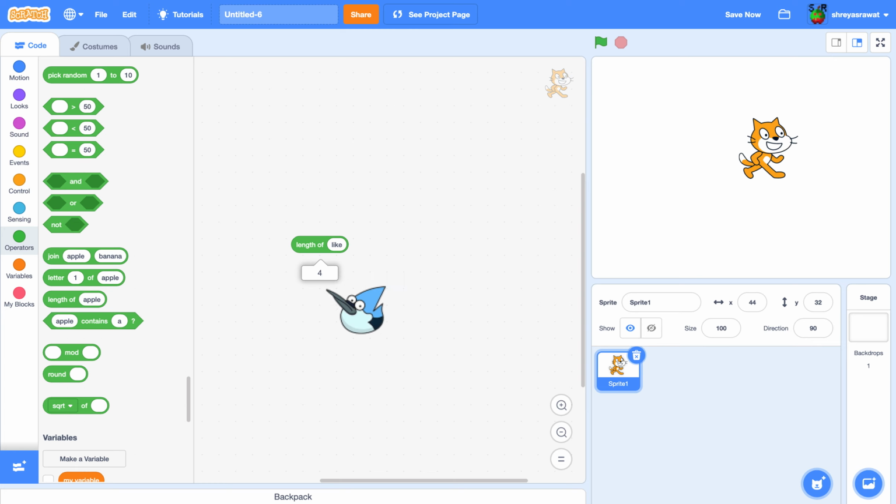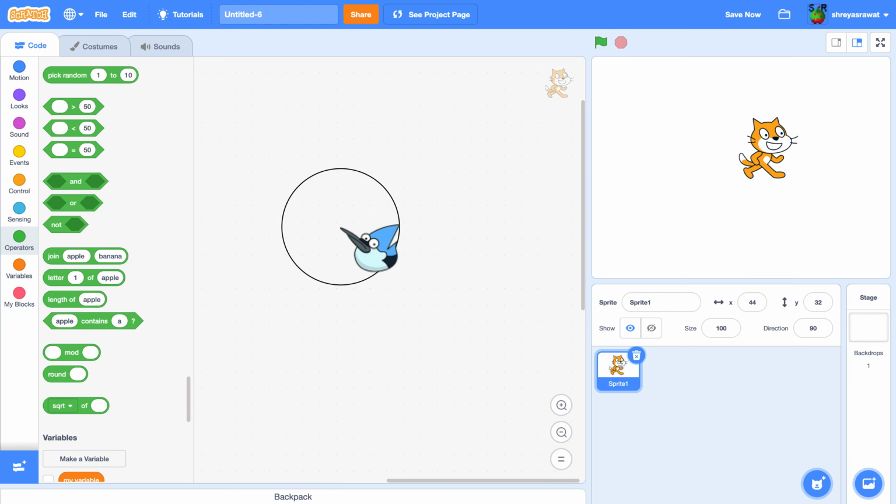As you can see, it says 4. It also works for numbers. If I put 5,050, it will be 4 again because there are 4 digits in 5,050.